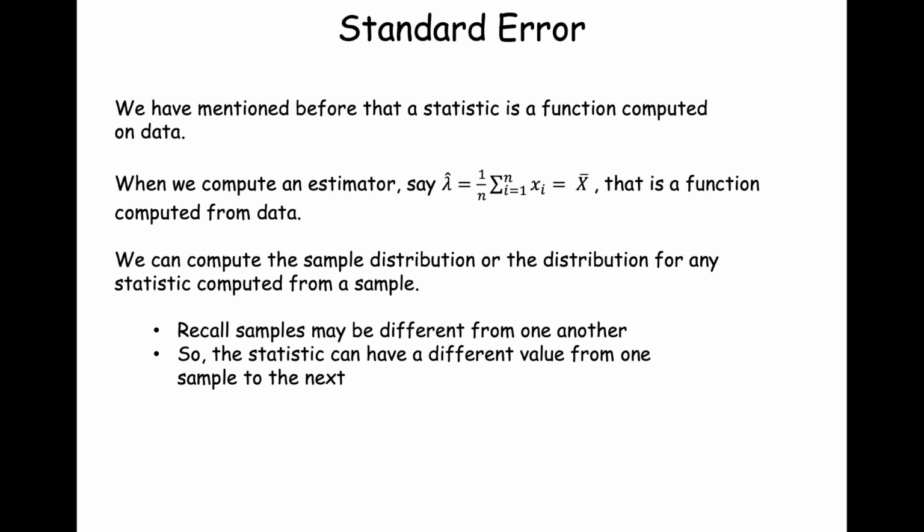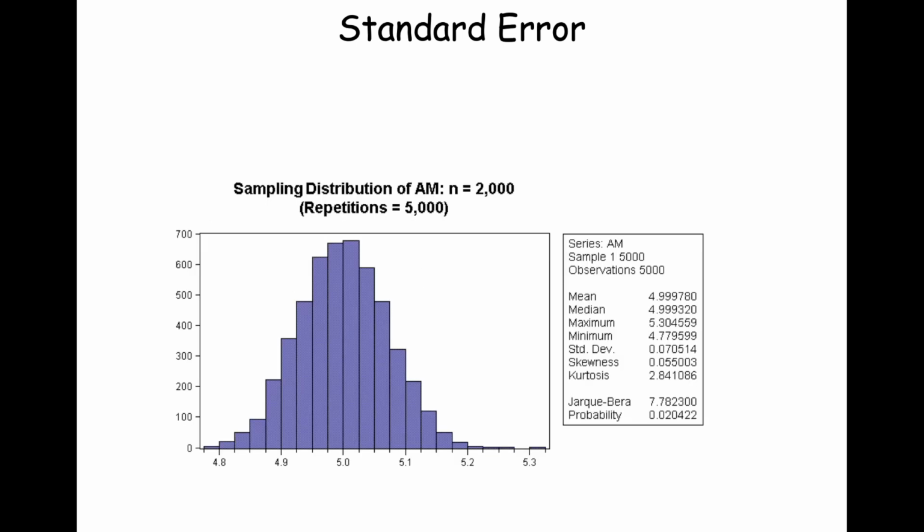Because these samples can be different, any statistic that you compute over the samples can have a different value from one sampling to the next. And so if you were to plot the distribution over the different values that your statistic, your lambda hat, can take on, that's called the sampling distribution.